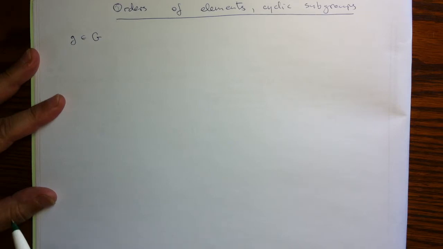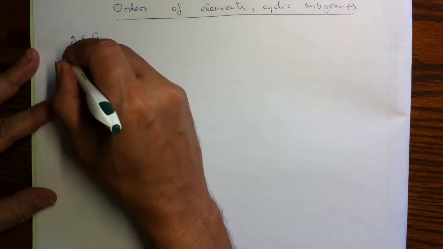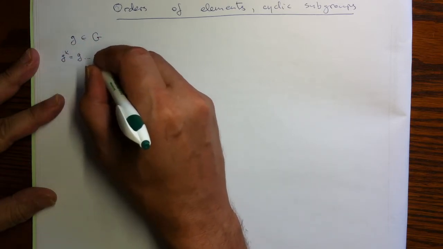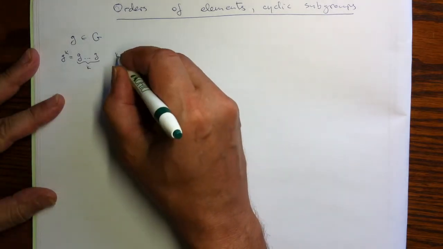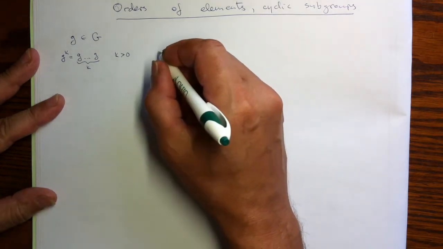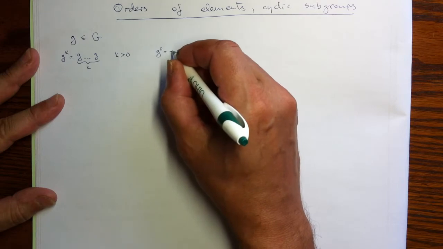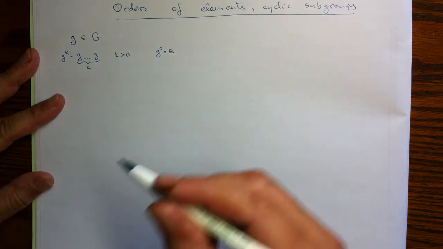It's a kind of standard notation. The kth power of g is a product of k copies of g, if k is a natural number. If it is 0, the zeroth power, then we'll just choose the identity element for the answer.